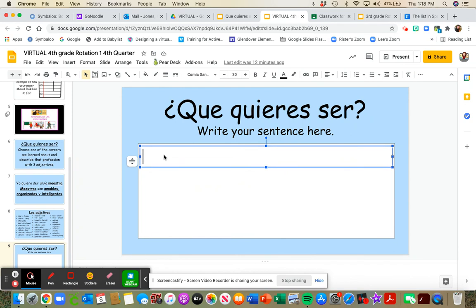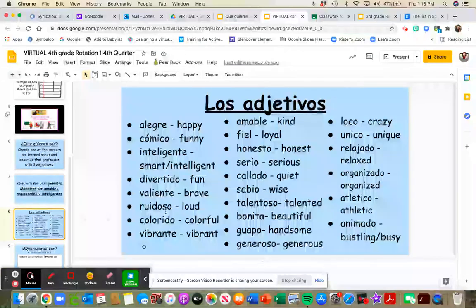So just like I said before, let's say that you chose, instead, you said you want to be a bombero, a firefighter. You would say, yo quiero ser un bombero. Bomberos son. So firefighters are, and I would use 3 adjectives. I could say valiente.